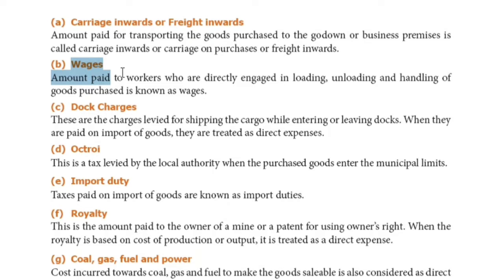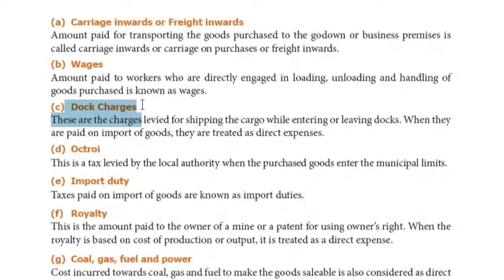They are not like your mother or father or like me or like you. Their salary is on a daily basis. Their work is just loading and unloading goods from the transport to the godown. That's all their work. So the amount which you pay to those people is called wages. Right? That is also an expense which comes in the trading account.